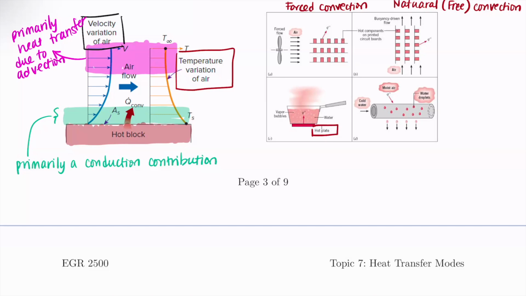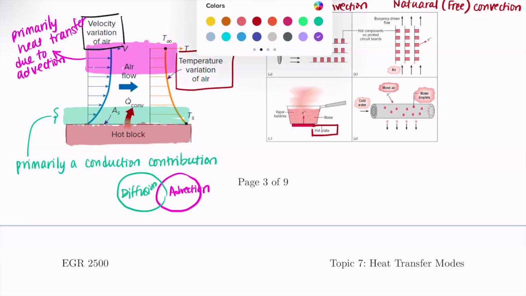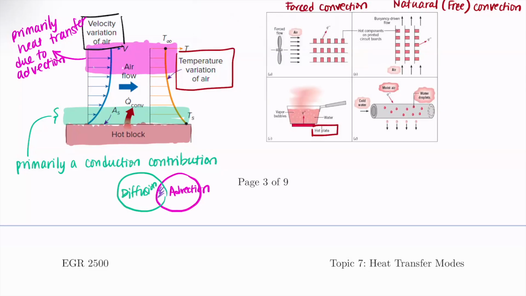So when we have convection, what we have is essentially advection and diffusion. And then what we have in the middle here is convection. Does that make sense? Okay.